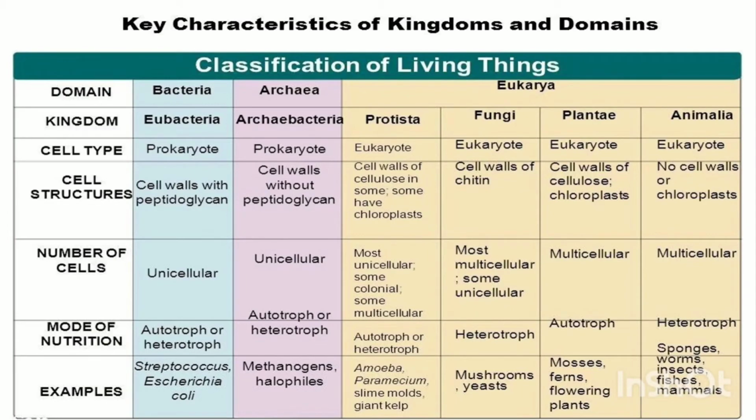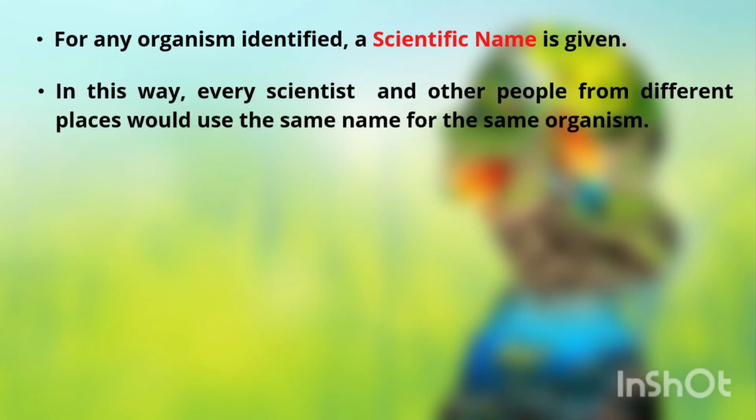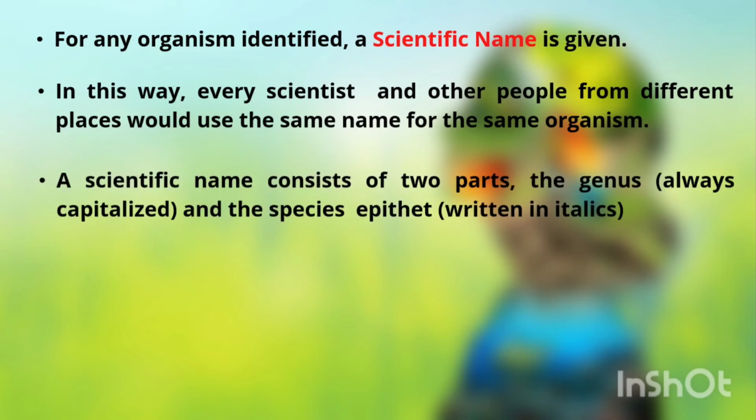So these are the key characteristics of kingdoms and domains. For any organism identified, a scientific name is given. In this way, every scientist and other people from different places would use the same name for the same organism. A scientific name consists of 2 parts: the genus, which is always capitalized, and the species epithet.